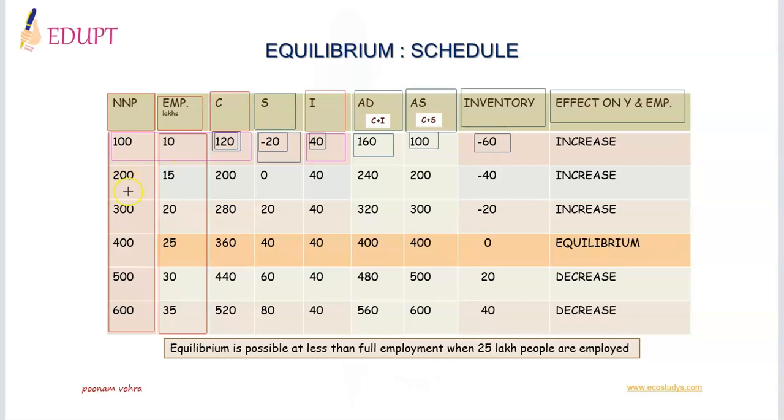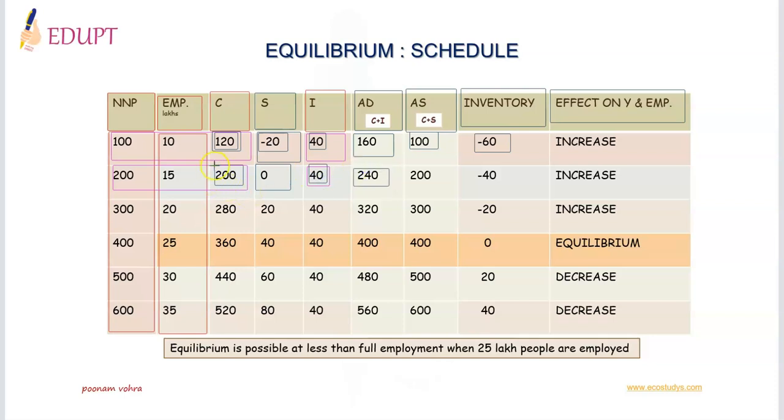In the second case, when income is 200 and 15 lakhs of people are employed, consumption is 200. That means there is no savings. Investment remains the same, which is 40. Savings 0. So aggregate demand is 200 plus 40. It is 240.